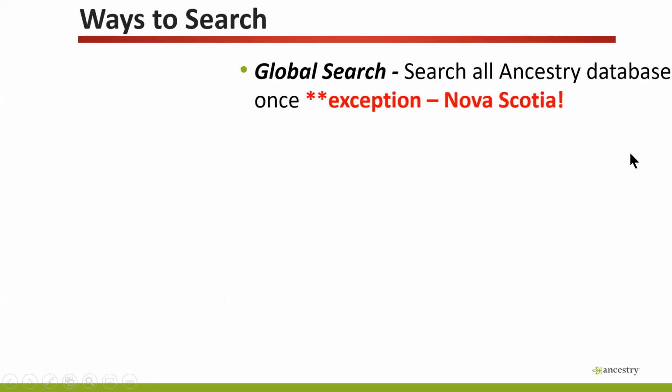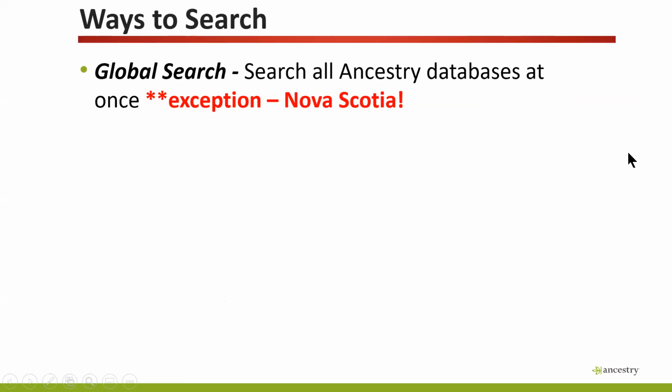We're going to talk about the different ways to search now. The first way is usually the way everyone does it, the global search, which is from the search tab, where you're going to search all the Ancestry databases at once, except for Nova Scotia. And I wish we could be more obvious about the fact that Nova Scotia is not in the global search.